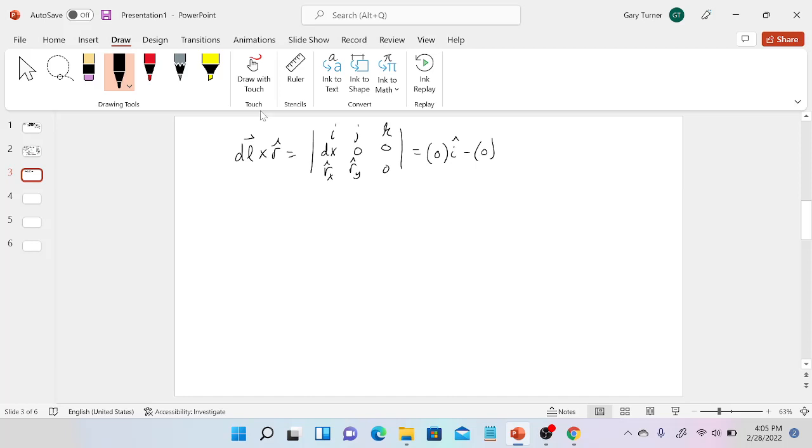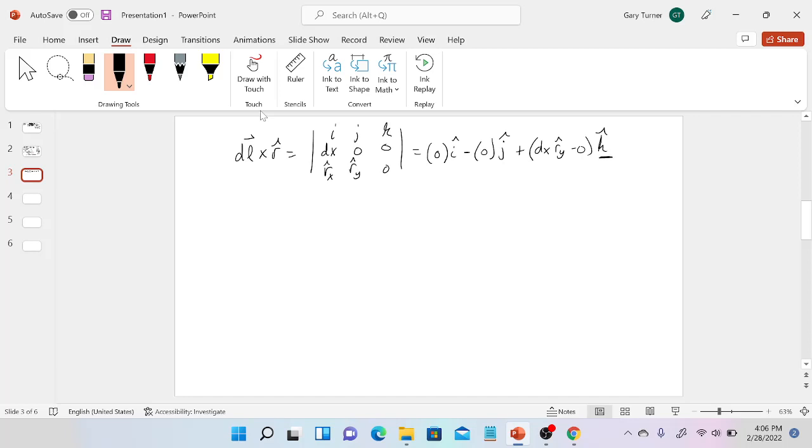This is 0 in the J direction. And then this is going to be plus, if I cross out the last column in the top row, dx times ry, minus 0 in the K direction. So all of the magnetic field appears in the K direction.